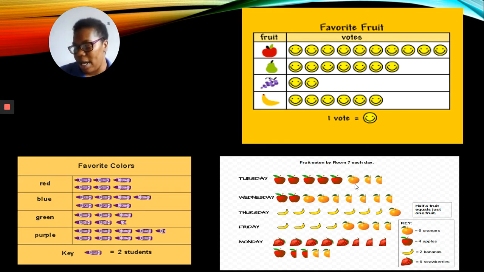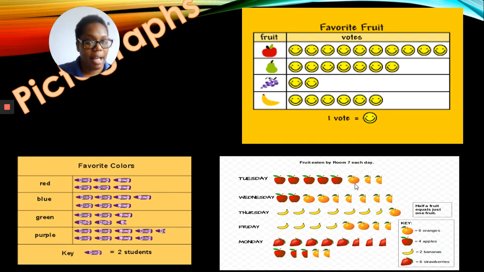Pictograph is another way we can show data, okay? As you see, several of them have titles. Most of them have a legend or a key. You have categories, and they're represented by different pictures, all right?